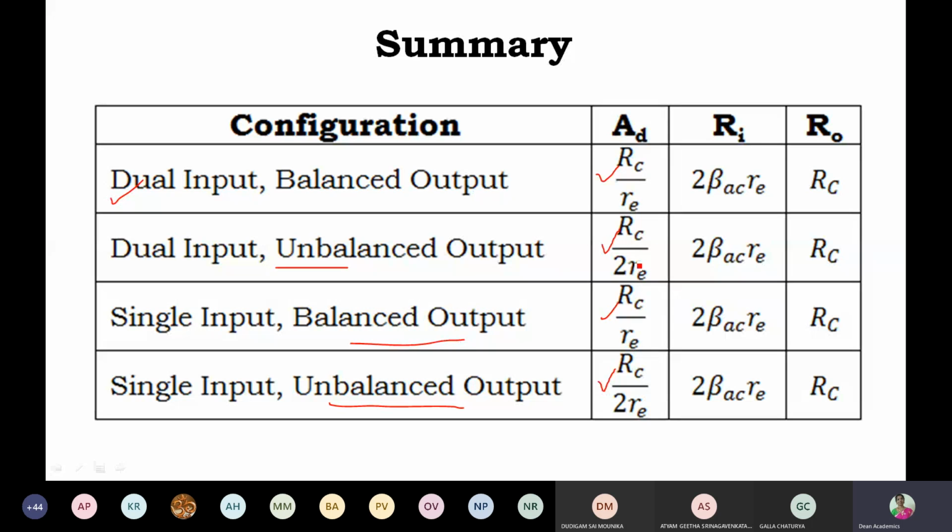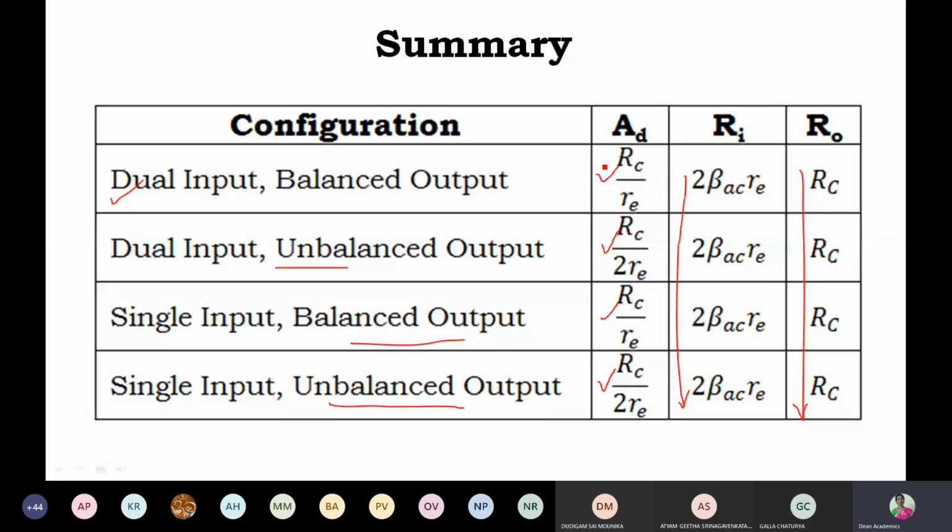And input resistance is same for all 4 configurations, right? Input resistance is same for all configurations. Output resistance is same for all configurations. That means whatever may be the configuration, first you learn this dual input balanced output differential amplifier perfectly, then required modifications you can do.